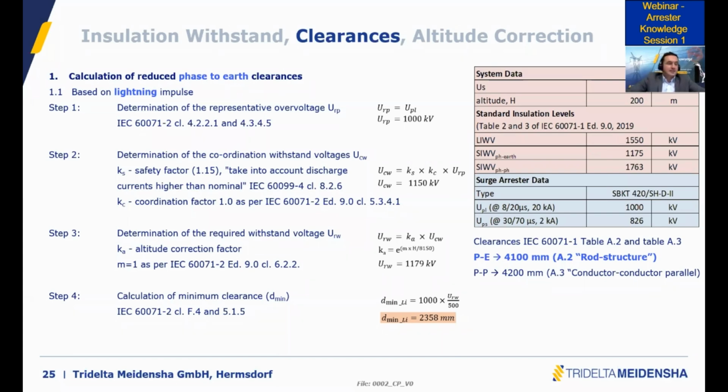If you really need surge counters, of course, there is a minimum distance between the base of the arrestor and the surge counter. As you know, to make sure that the energy goes to the surge counter, we use insulating bases.